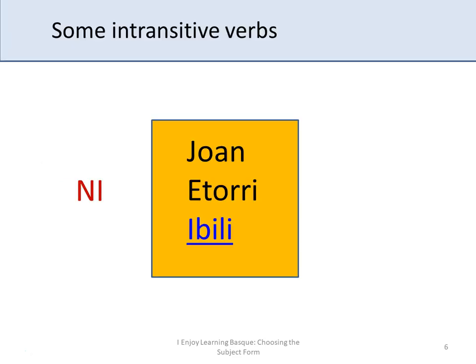Some intransitive verbs that we can use with the form NOR are joan, to go; etorri, to come; and ibili, a verb that is very important in Basque and a little bit different from English or some other languages.